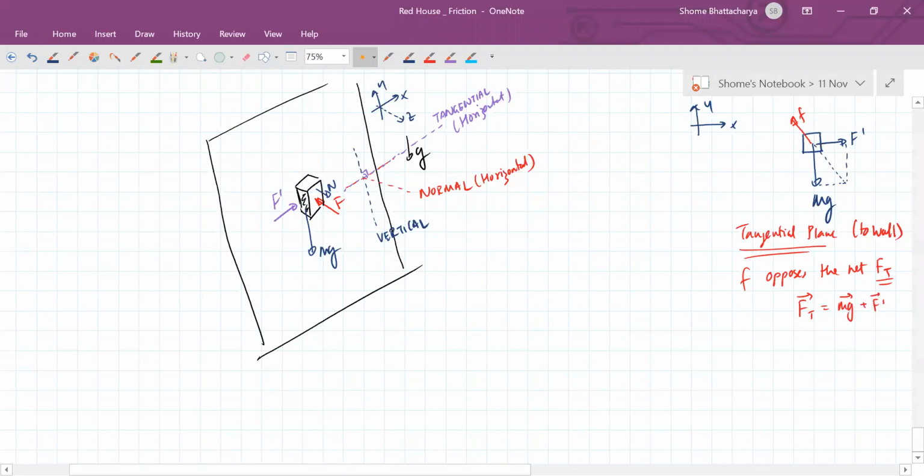So that's why in the diagram I've shown it like this. And now if I also visualize in the yz plane, then I'm seeing the diagram the way I had seen earlier. So this is the wall basically. In this I will see the other force, the force that I'm applying normally like this, and the normal reaction. And I'll also be able to see mg, but the other forces are tangential.